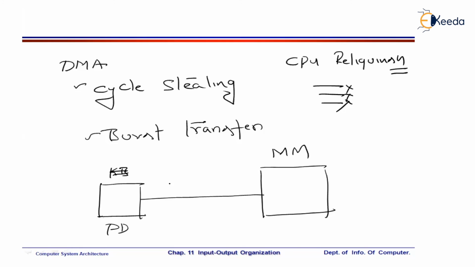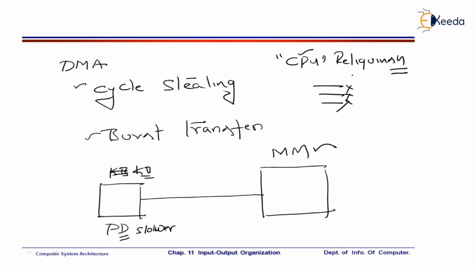Simply because the transfer can happen faster. The CPU will be very happy to see the transfer be faster if CPU intervention is avoided. But here the problem is, if the peripheral device is a slower device, let us say the transfer happens between keyboard and main memory.